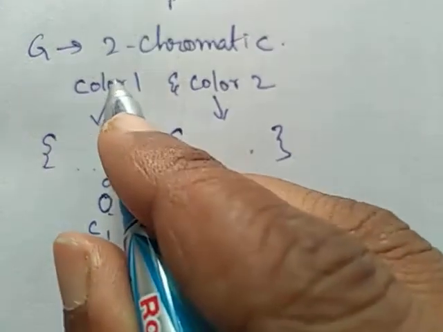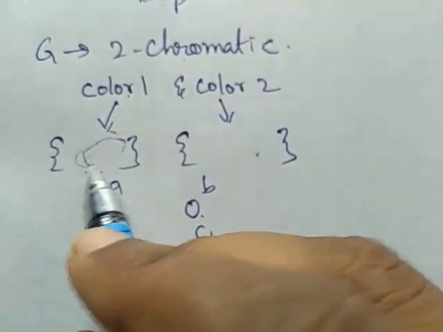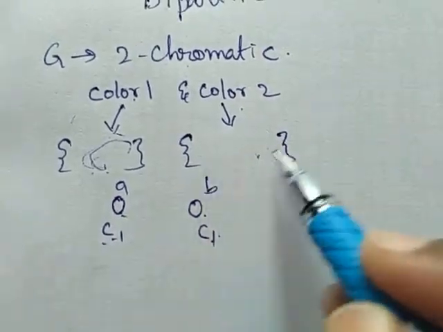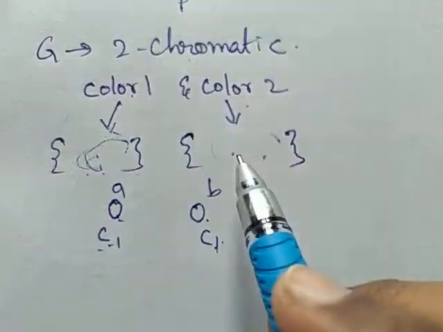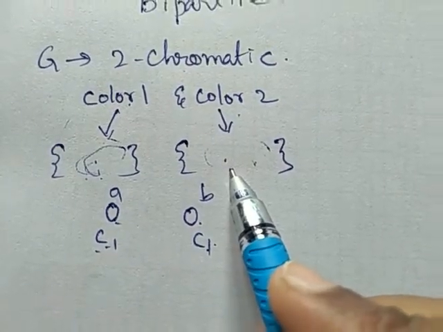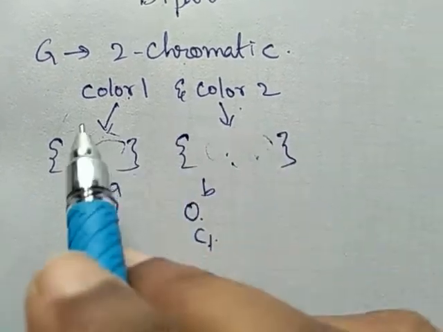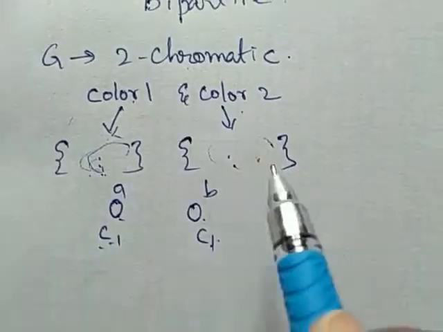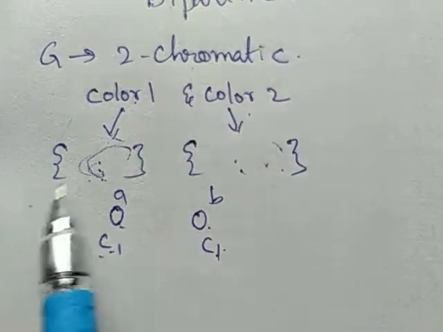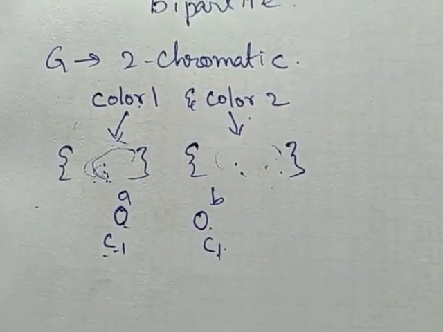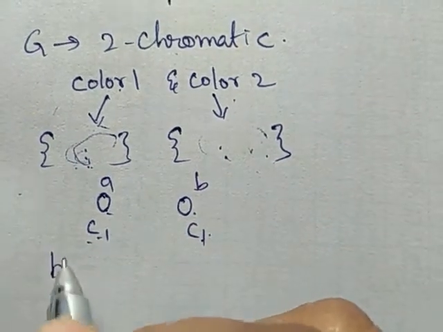Here also all the vertices in set 1 are not adjacent to each other. Similarly here also they are not adjacent to each other. Similarly these vertices are connected to these vertices using the edges in G. Therefore the vertex set is divided into two vertex sets that are precisely partitioned. Therefore the graph is bipartite.